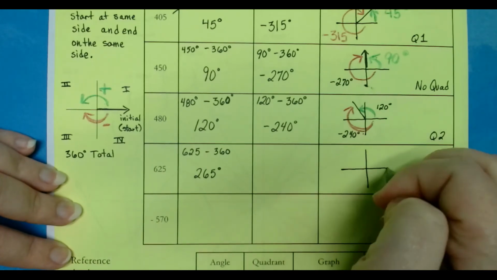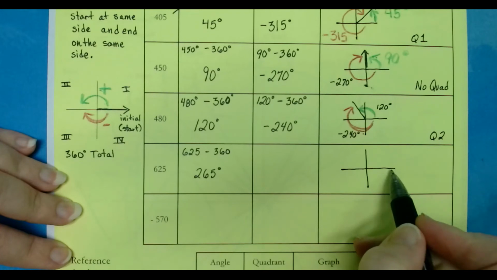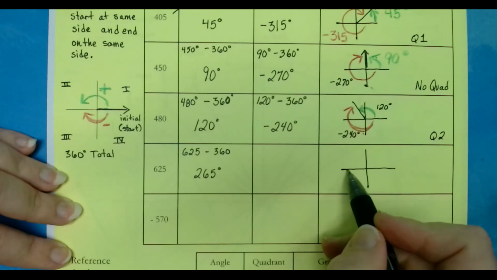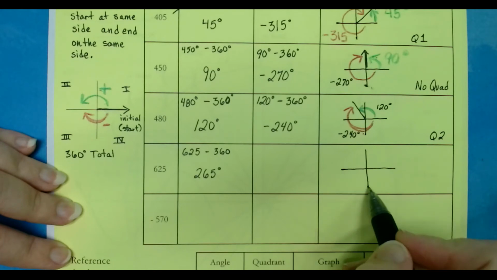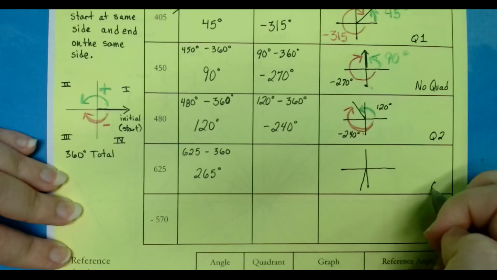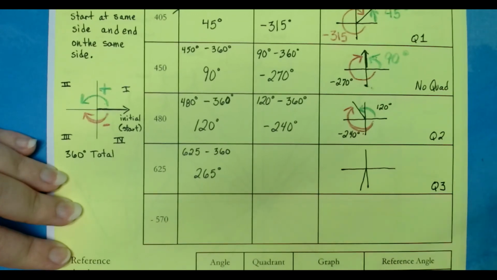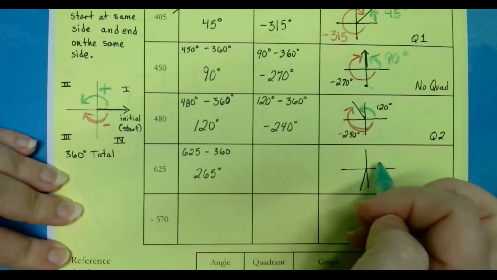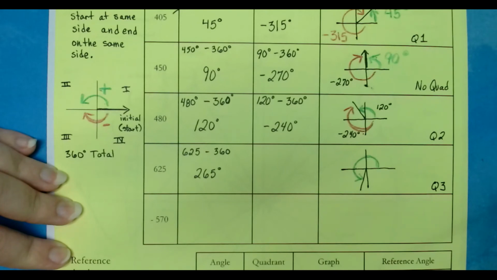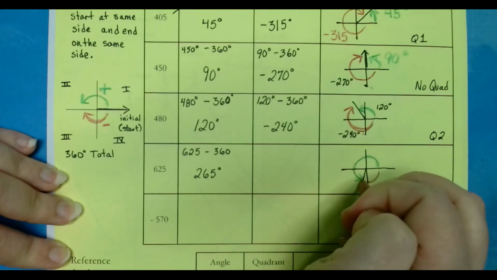So I have 0 degrees, I have 90 degrees, I have 180 degrees, I have 270. So 265 is going to be right here in quadrant 3. So my positive coterminal angle, remember it rotates counterclockwise.